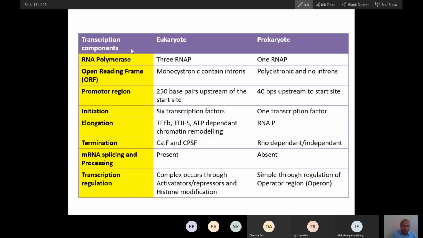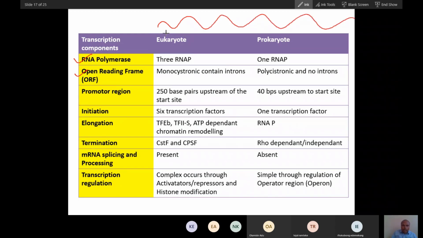So let's see the difference between eukaryotic and prokaryotic transcription. Let's start from the RNA polymerase. I have already given the difference between eukaryotic and prokaryotic RNA polymerase. Now first talk about the open reading frame.